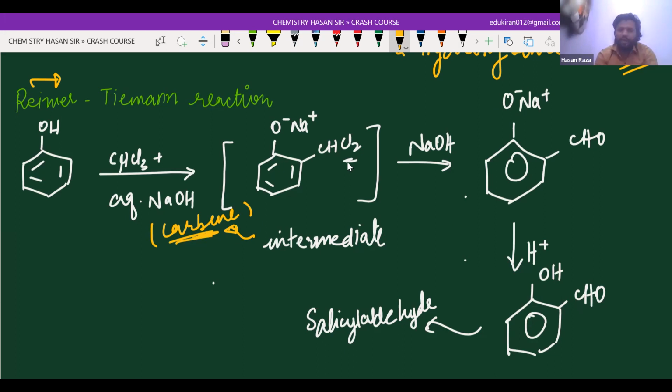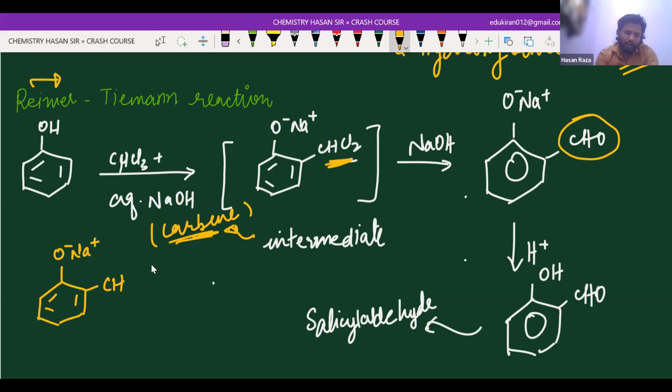I'm going to show you how this CHCl2 becomes aldehyde. So I'm going to write this. As you know, this was your phenol, which is converted into phenoxide ion, and here it is CHCl2. So I'm going to write it as CHCl and Cl. When you dip it in NaOH, that is sodium hydroxide, this will be replaced with an OH group, and here it will be OH.